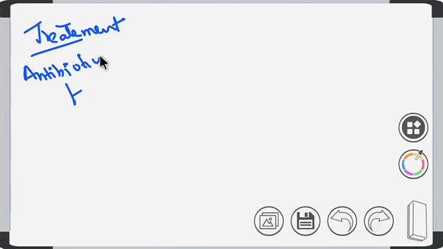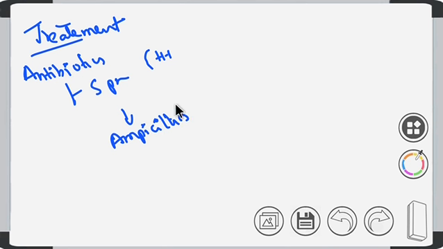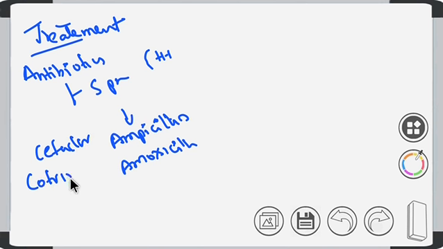As most of the organisms are Streptococcus pneumoniae and Haemophilus influenzae, what we can give here is ampicillin, and we can also give amoxicillin, and if the patients are allergic to these drugs, then we can give cefaclor, cotrimoxazole, clear, and we can also give erythromycin.